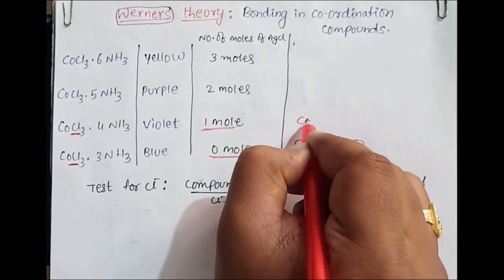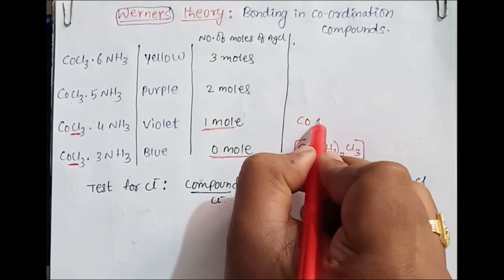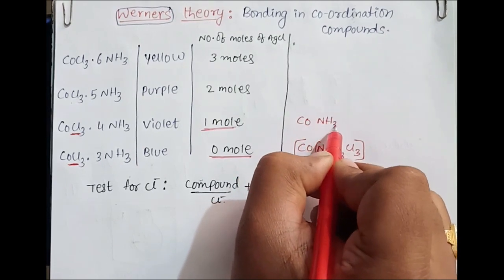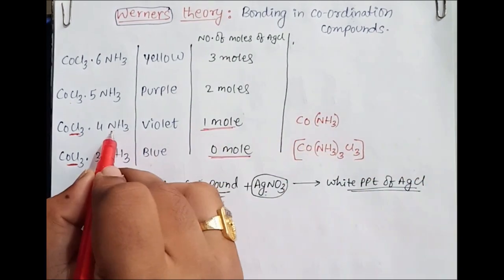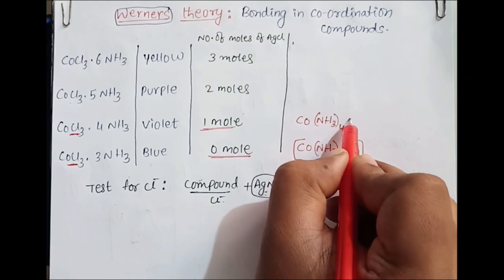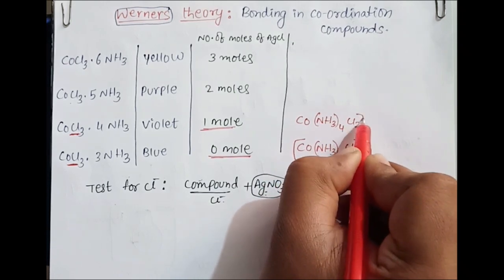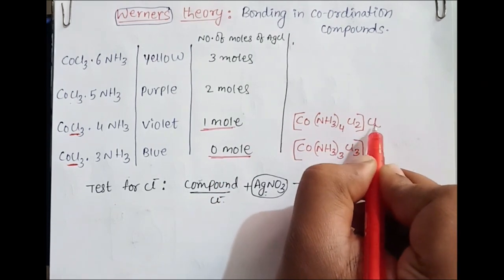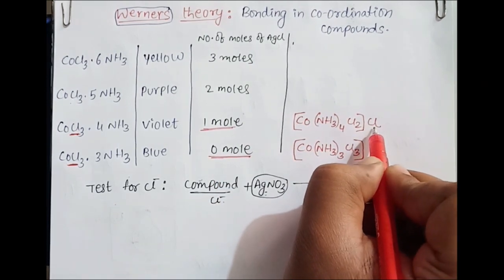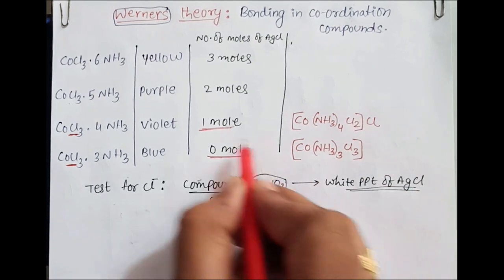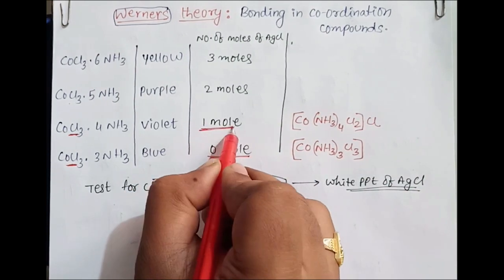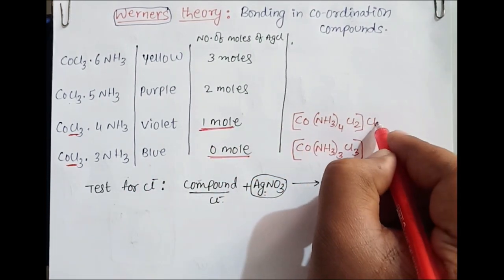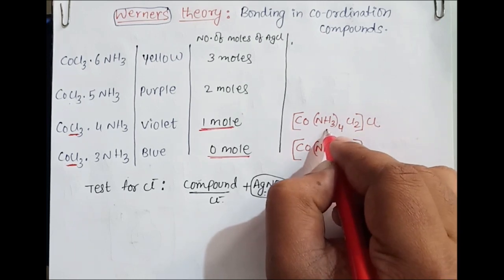So the compound must be like this: Co(NH3)4Cl2, with 1 chloride outside the bracket, called the ionizable chloride ion. That ion reacts with AgNO3, that's why we got only 1 mole of AgCl. So the outside is ionizable, and those inside the bracket are non-ionizable.